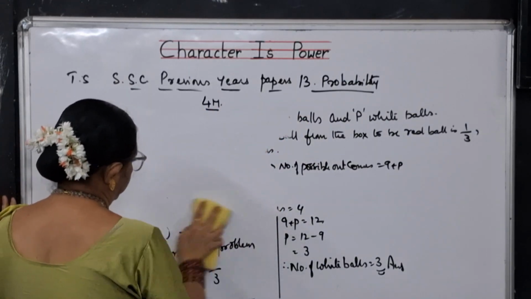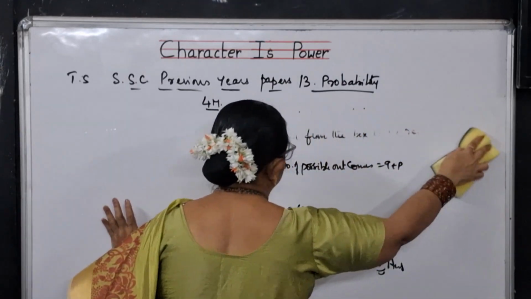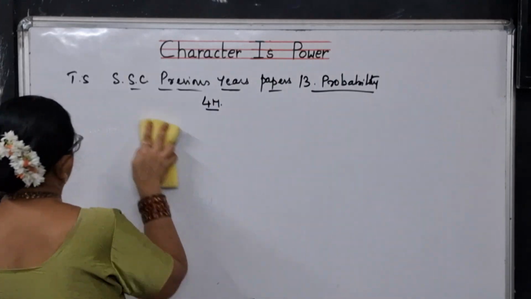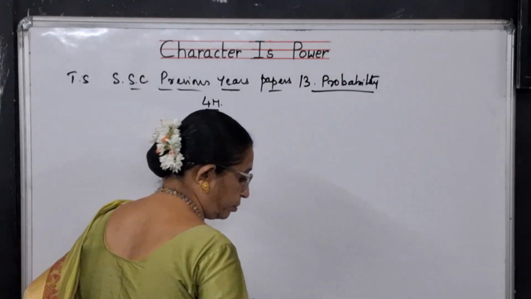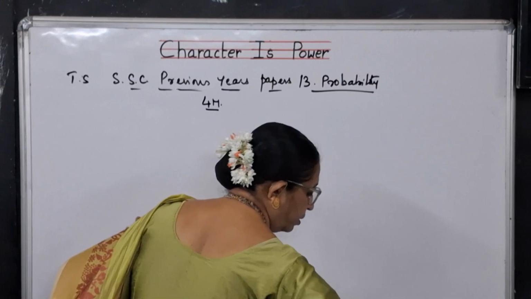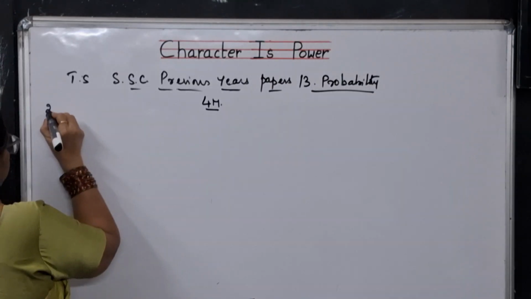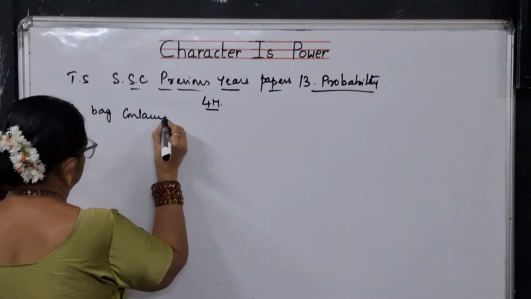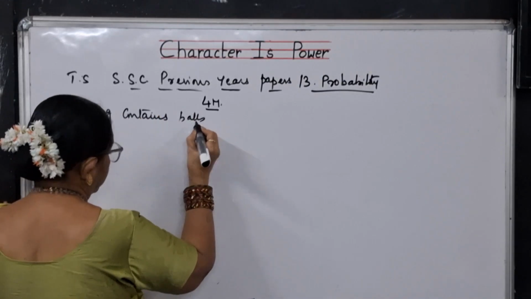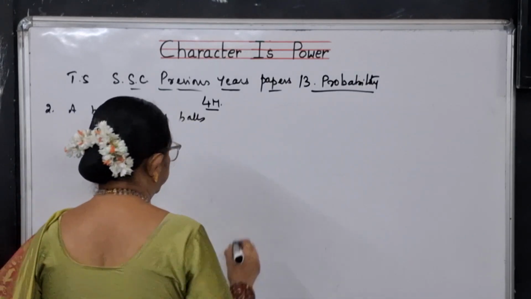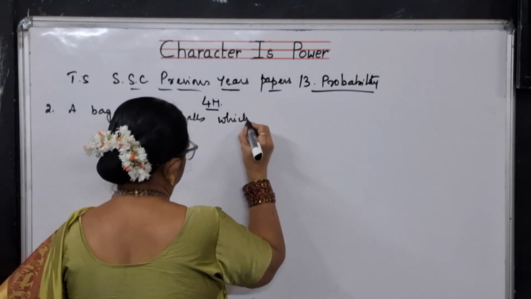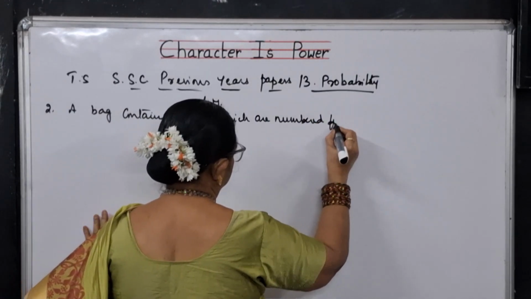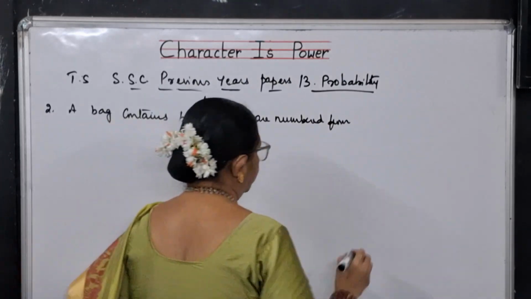Now second sum. A bag contains balls which are numbered from 1 to 50.